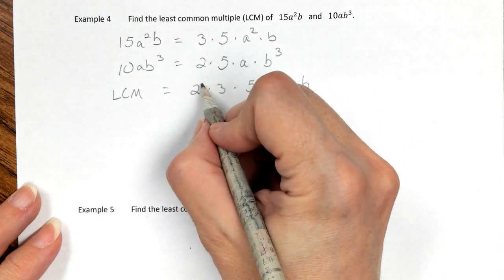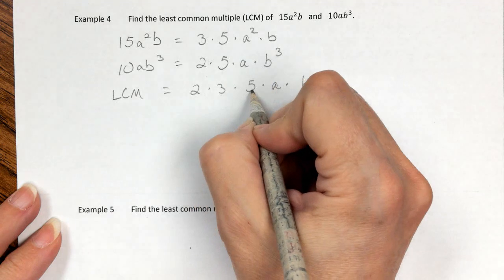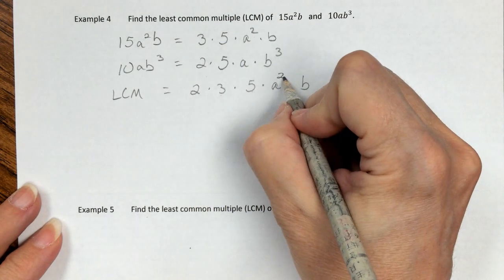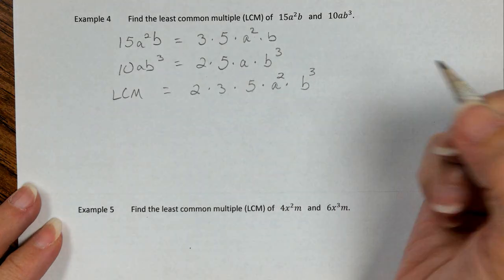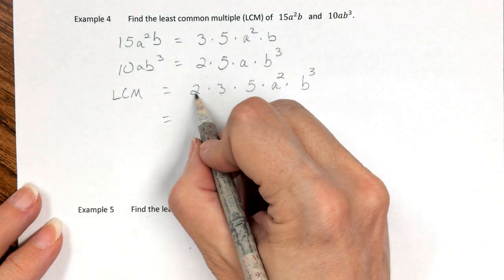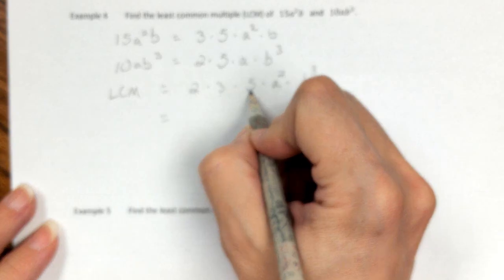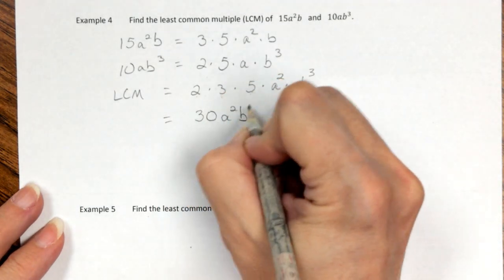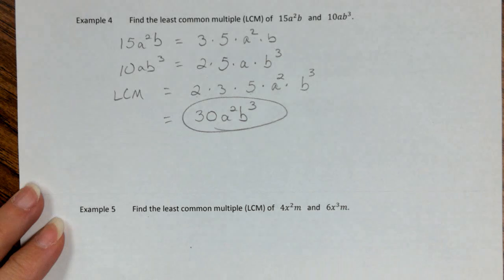Okay, 2 is to the first, 3 is to the first, 5 is to the first. A, the highest exponent is 2, and for b, the highest exponent is 3. So 2 times 3 is 6, times 5 is 30. A squared b to the third. That's it.